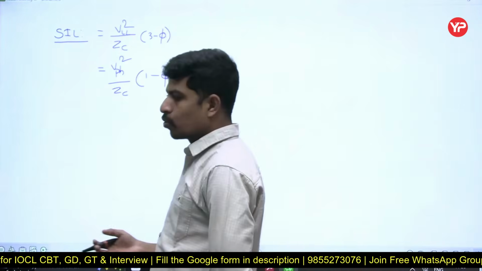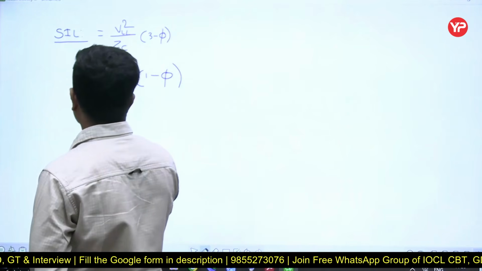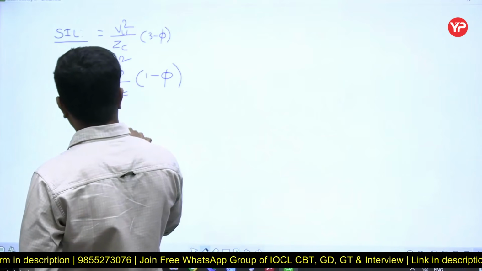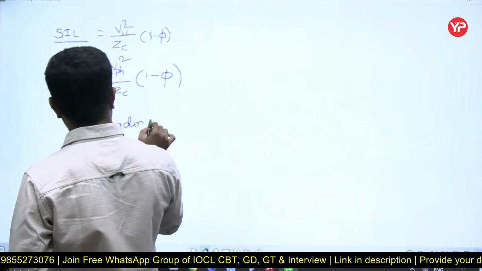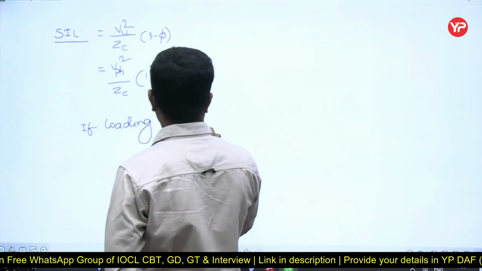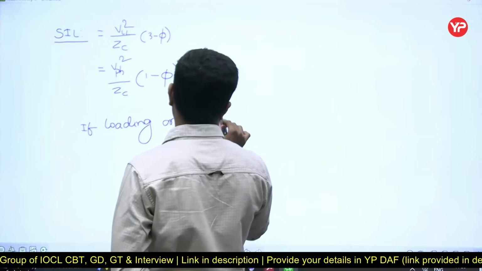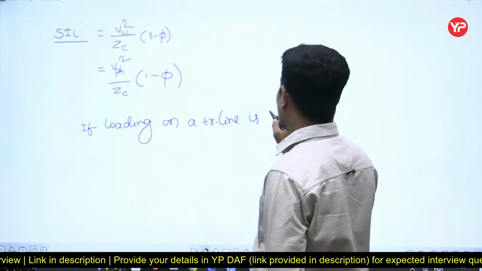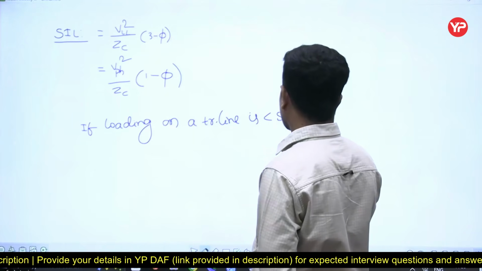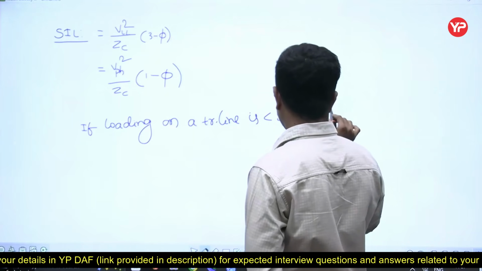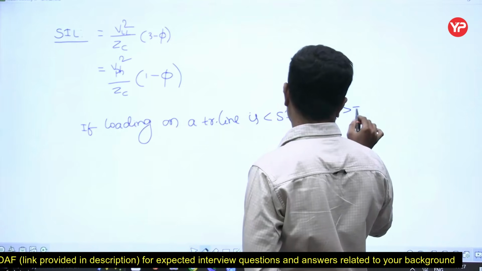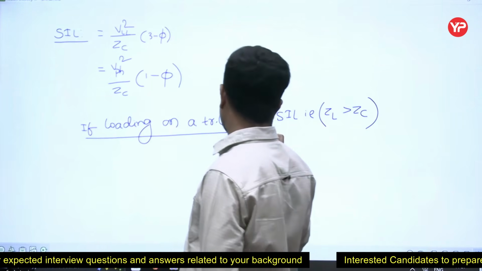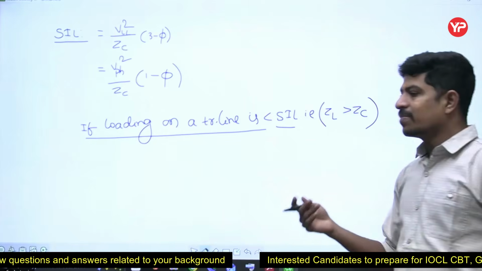Now, there are a few conclusions I'm giving. If loading on a transmission line, loading means power, is less than surge impedance loading, that is, load impedance is greater than surge impedance. Power is less means impedance is small.